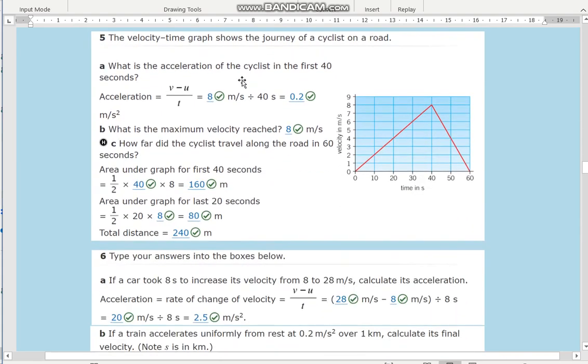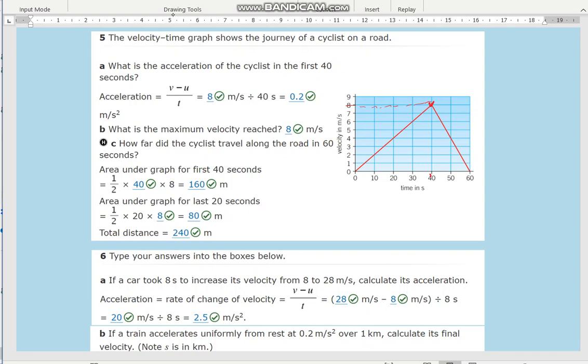Number 5, the velocity time graph shows the journey of a cyclist on a road. What is the acceleration of the cyclist in the first 40 seconds? So acceleration is v, that's final velocity, remember, minus u, that's initial velocity, divided by t, that's time. The final velocity at 40 seconds is reading across 8 meters per second.